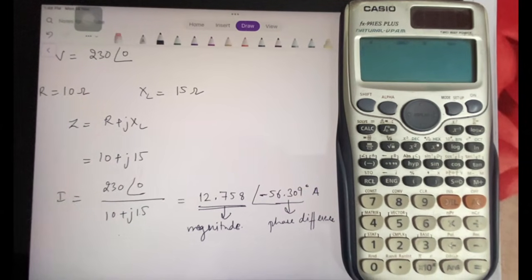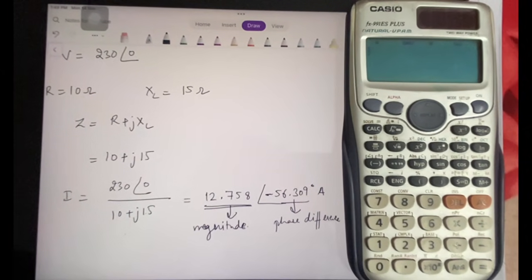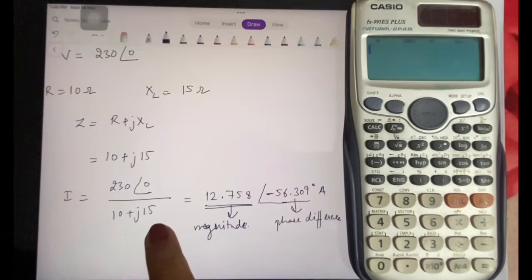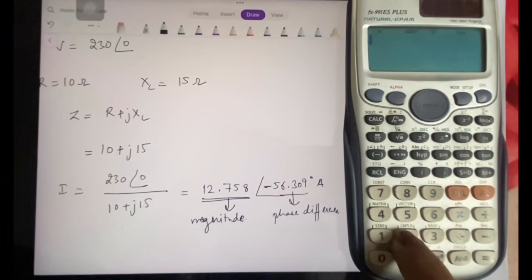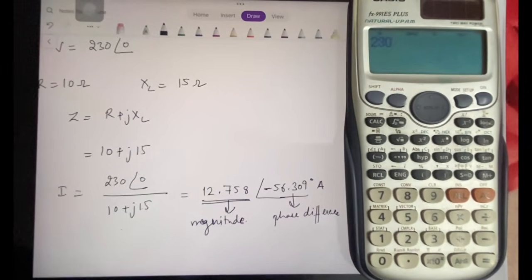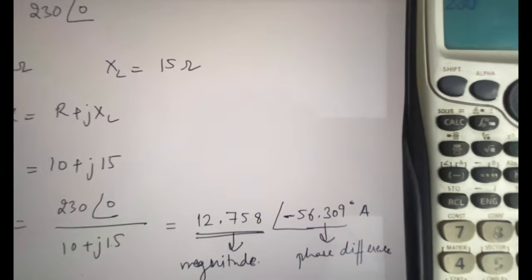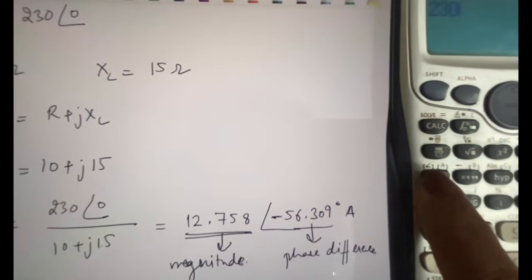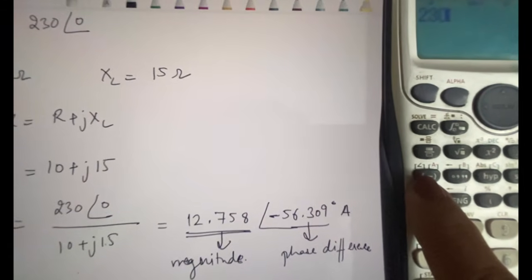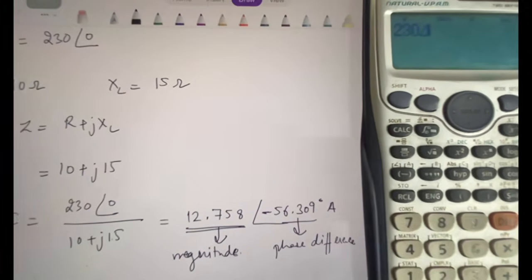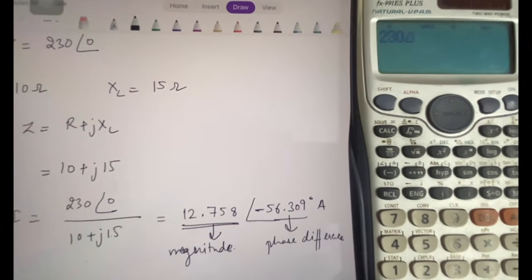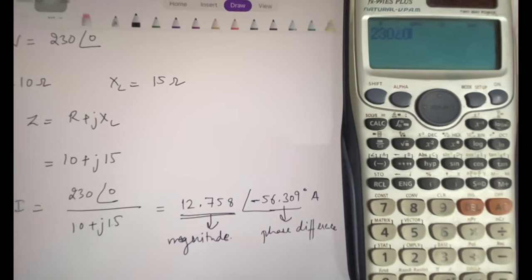When complex mode is selected, let's say that we have to do the same calculation, that is the 230 volt divided by 10 plus j15. So I will write 230. For angle, the angle is available over here. So I will press shift and this button, then angle is displayed. Angle is 0 over here.